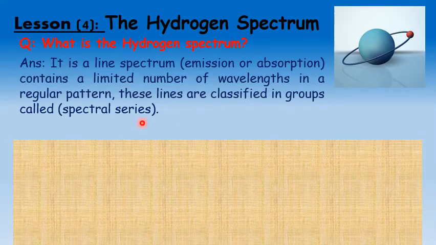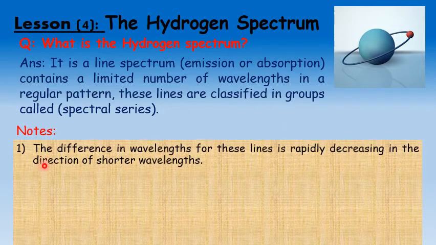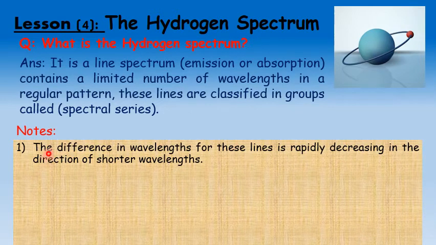So first we have some notes here. The first note explaining these lines, spectral series. The difference in wavelengths for these lines is rapidly decreasing in the direction of shorter wavelengths.